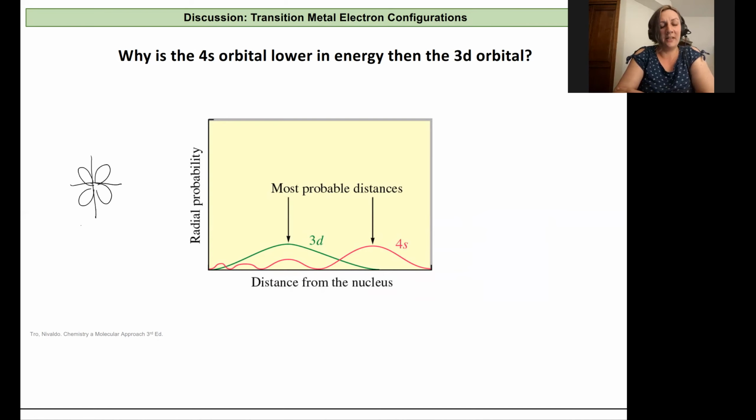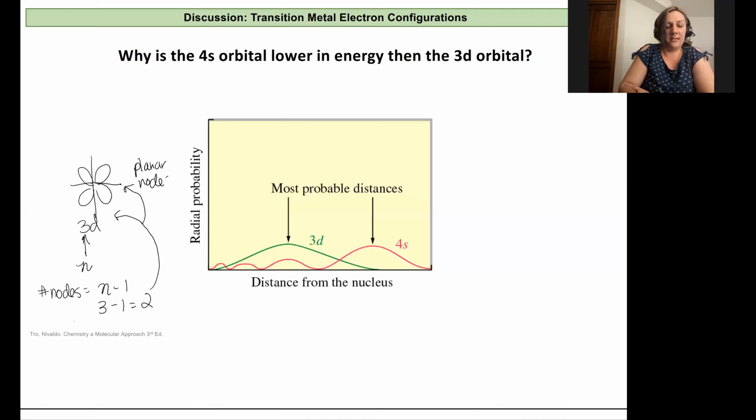Which means that at the 3d level, that 3 represents n, our principal quantum number. The number of nodes that we'll have will be equal to n minus 1. So 3 minus 1 in this case, or 2. Well, both of those nodes are taken up as planar nodes.